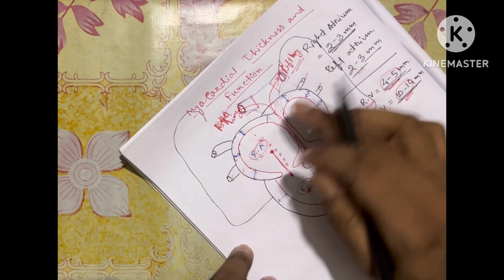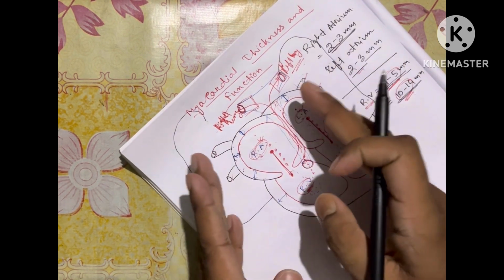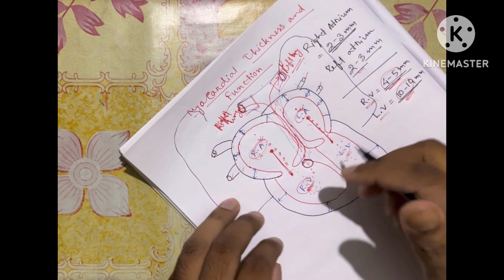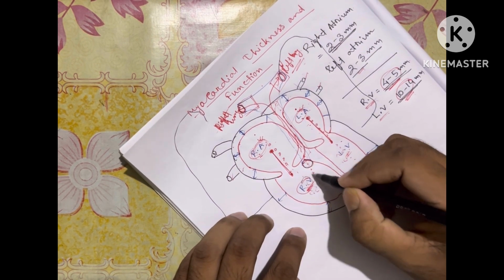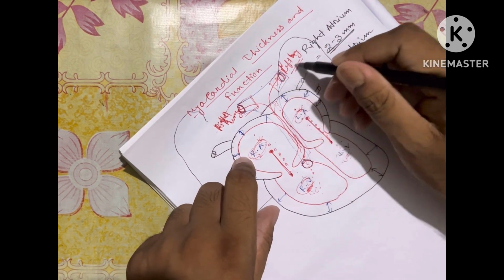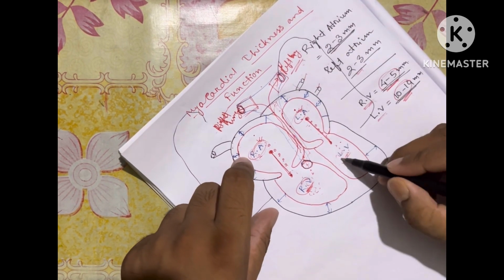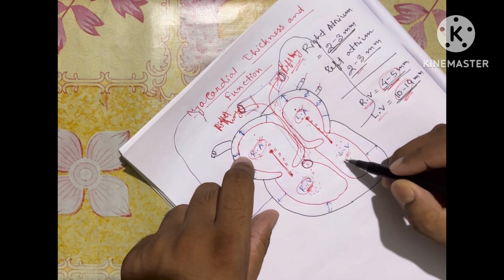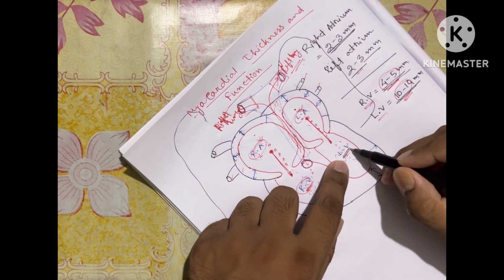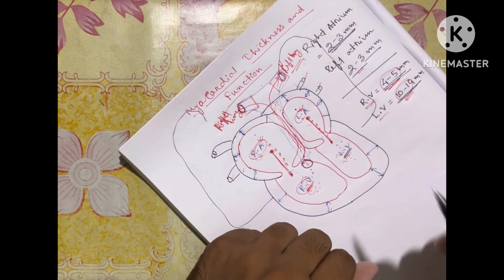Both lungs are present just nearby our heart. So it is also a shorter distance as compared to the other body parts to which our left ventricle is going to push its content.